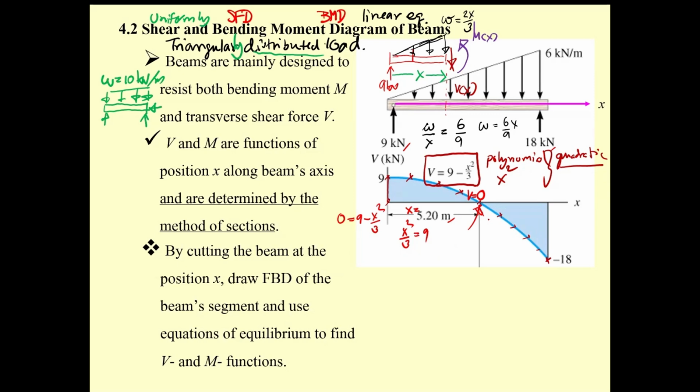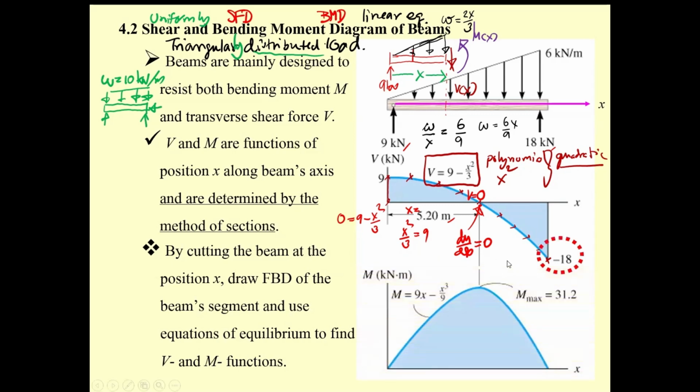Okay. Why? Because dM by dx equals 0. The slope of the moment diagram is 0. When the slope is 0, you think about going up to the top, then going down. And when it reaches the top, the slope at the top is 0. And now you may cut the moment diagram. And you should note that the moment function is going to be a cubic polynomial equation.